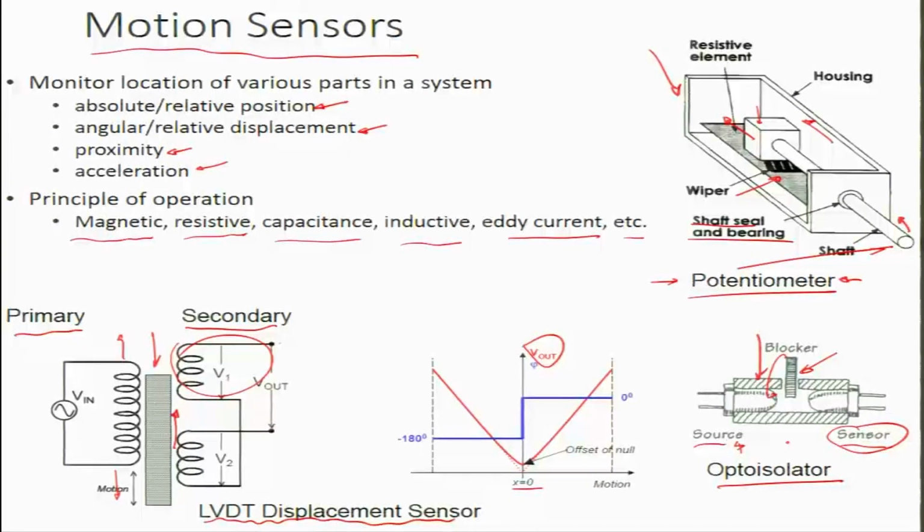As the light signals get chopped off, you have a certain response which will account for the angular rotation or the linear motion. So that is how you can use various principles to sense motion.